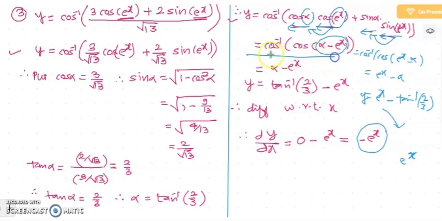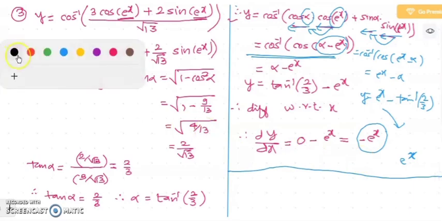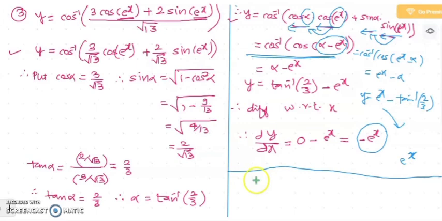So just focus on this expression. We know that cos of minus theta is equal to just cos theta, you must know this. That means cos of A minus B is equal to cos of B minus A also. So you may read cos of alpha minus e raised to x as cos of e raised to x minus alpha.